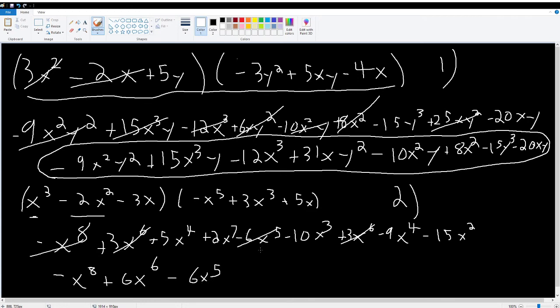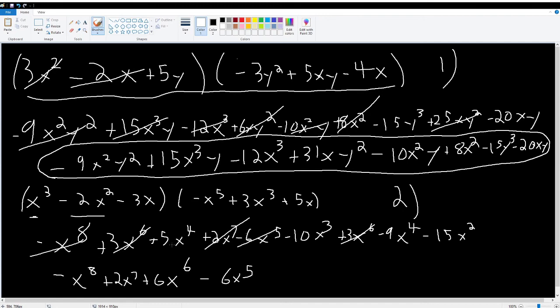Oh, there was a 2x to the 7th that we forgot. So we can make room for the 2x to the 7th. Didn't see that before. Right. 6x to the 6th is good. The 5th power is good.